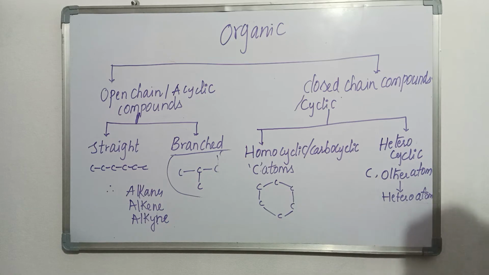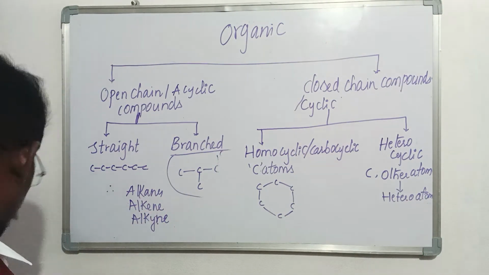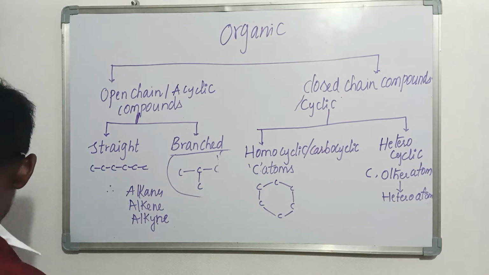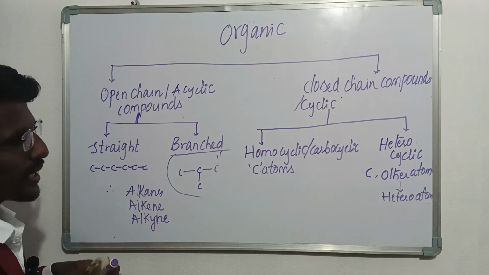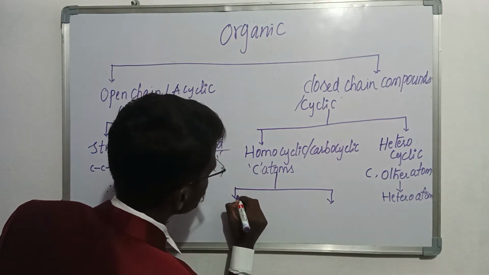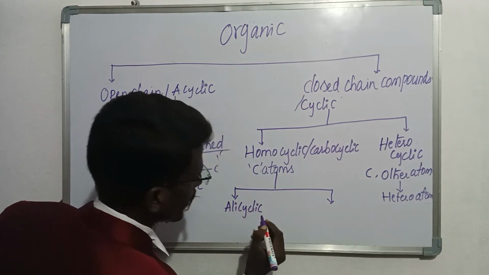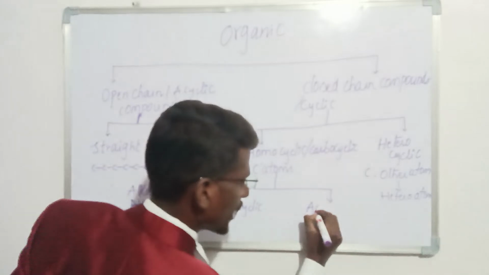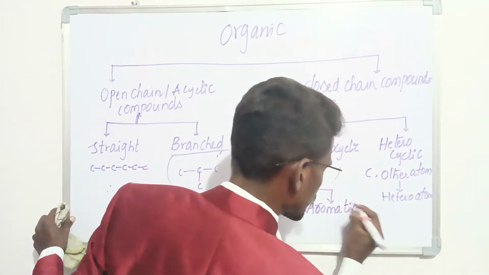Then these homocyclic compounds are again classified into two types. Those are alicyclic and aromatic compounds.